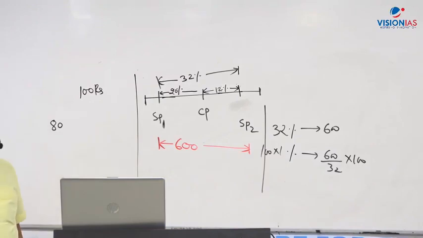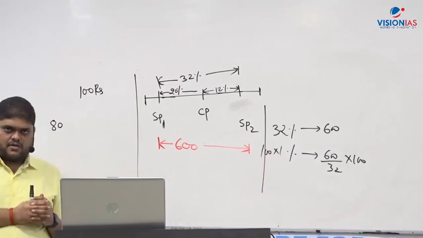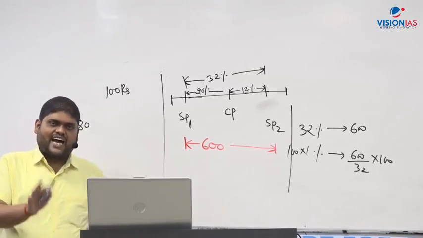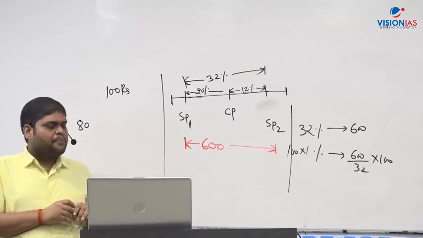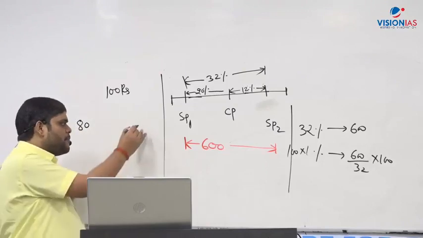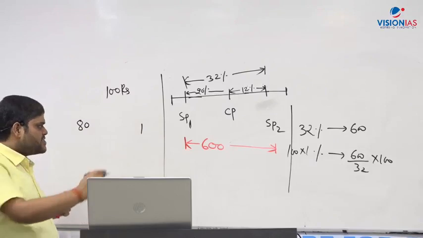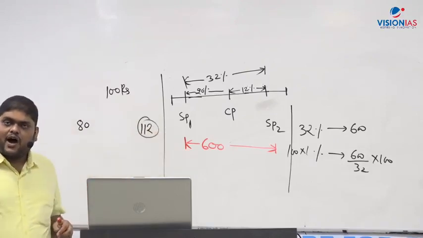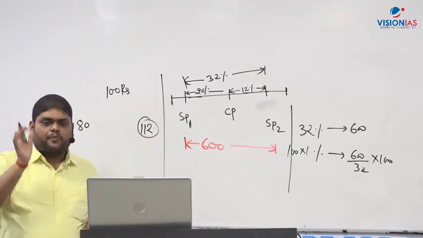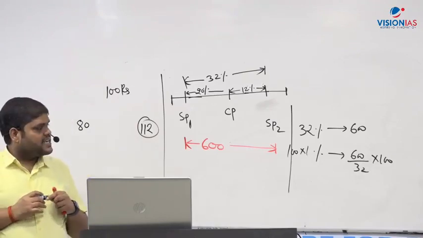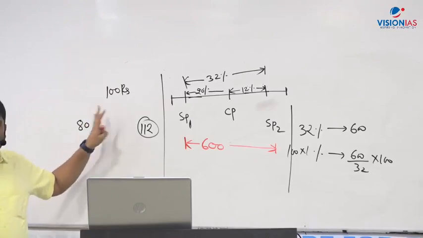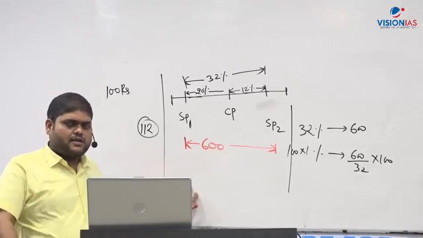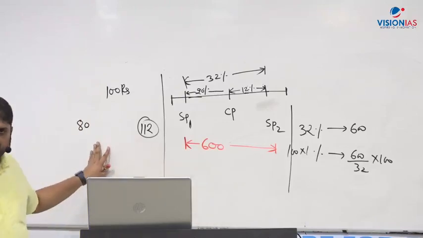After some distance, I got a purse. Because of that purse, some money was there, and now I have 112 rupees. The thing is, I had 100 rupees, I lost 20 rupees in the bus, so now I have 80 rupees.